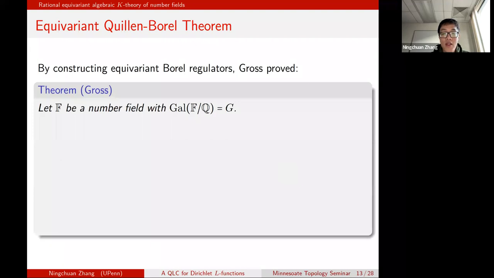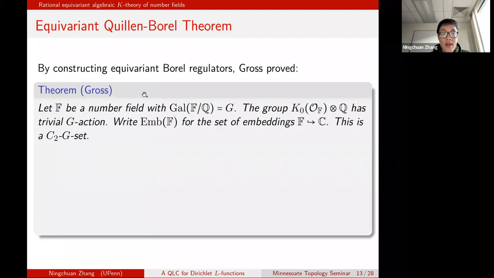Let F be a number field with Galois group G. Then first, K_0 of O_F, the rational part, of course, has trivial G action. Now we write M_F for the set of complex embeddings of F. This set has two actions: one by C_2 on the left by complex conjugation, and another by G on the right, by precomposing with the Galois action.